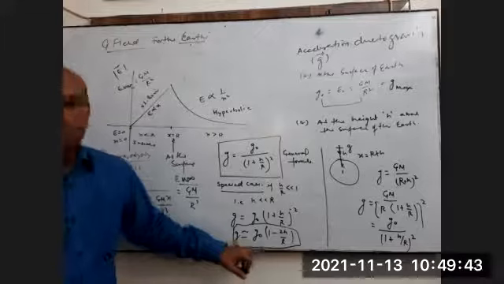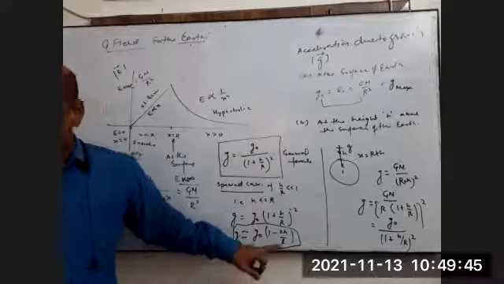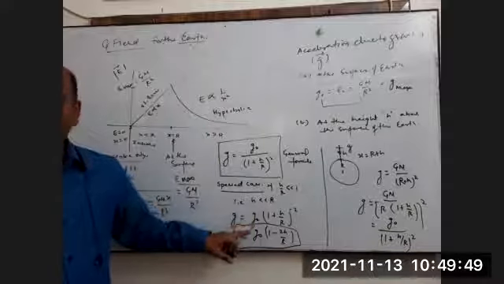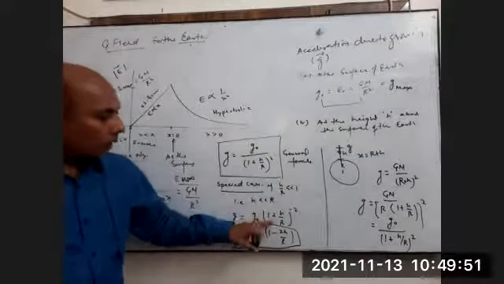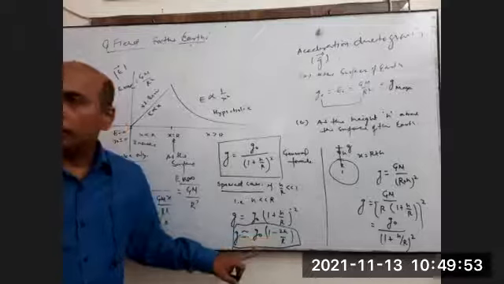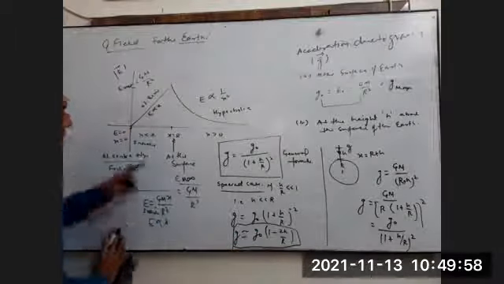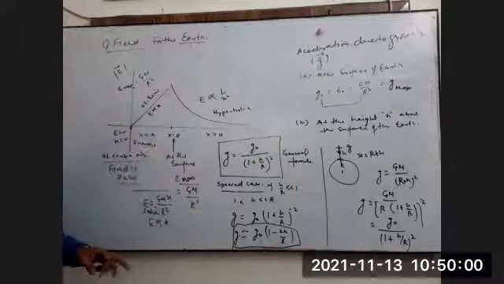So this is a very special formula for when H is very much less than R. Now we don't need to do the squaring; calculations become simple.